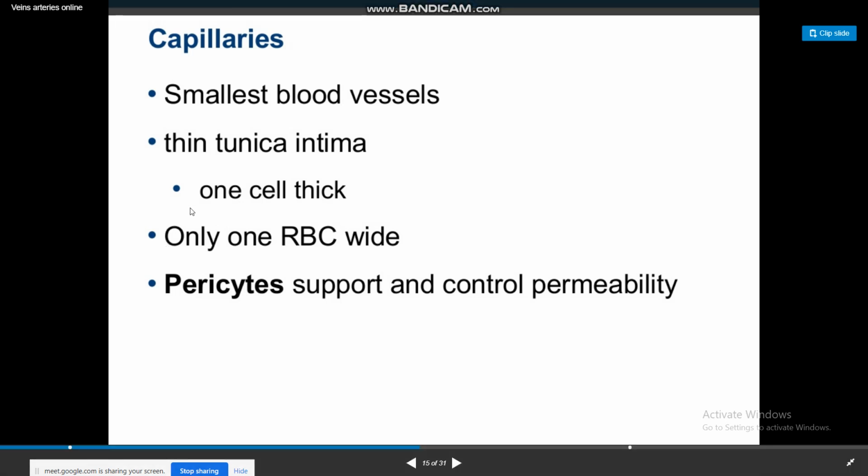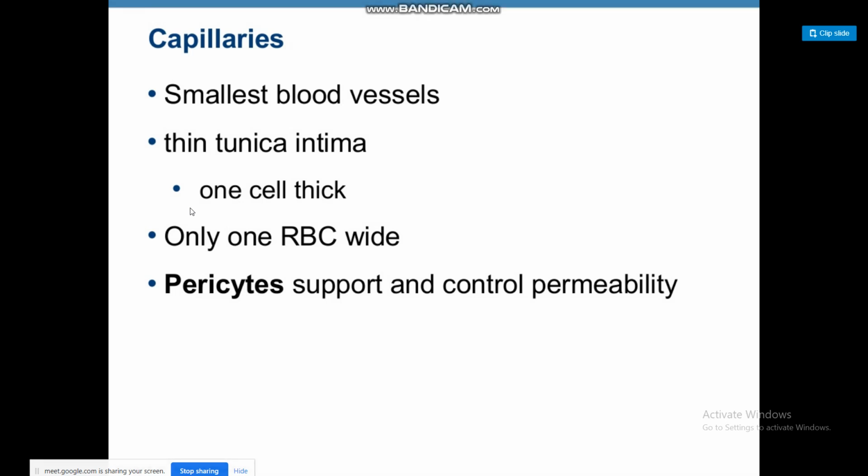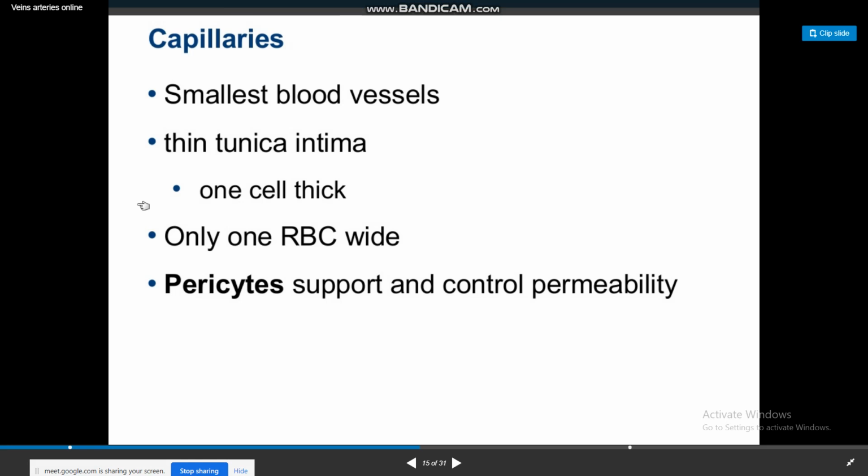That means the thickness of the capillary is only one RBC, similar to the thickness occupied by an RBC. Pericytes are a type of cell in capillaries which support them and control the permeability of the blood vessels.